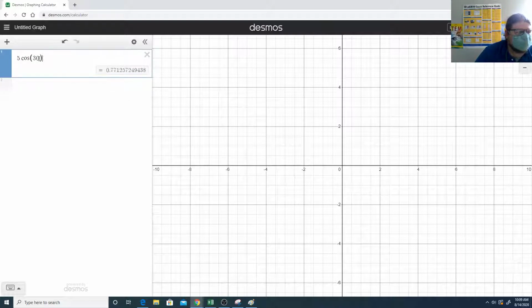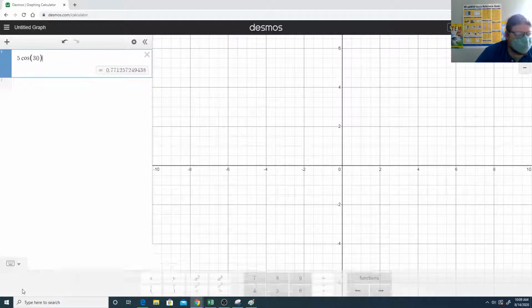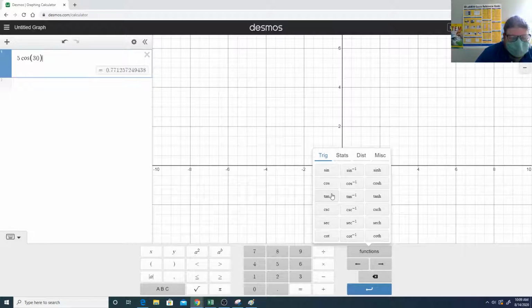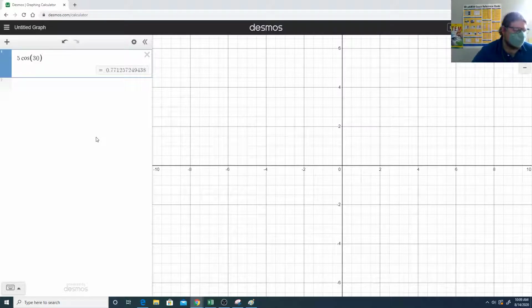Okay, I think they're doing this in radians. Is that right? Let me check it in my calculator because there's two modes of angle measurements. One's degrees and one's radians.